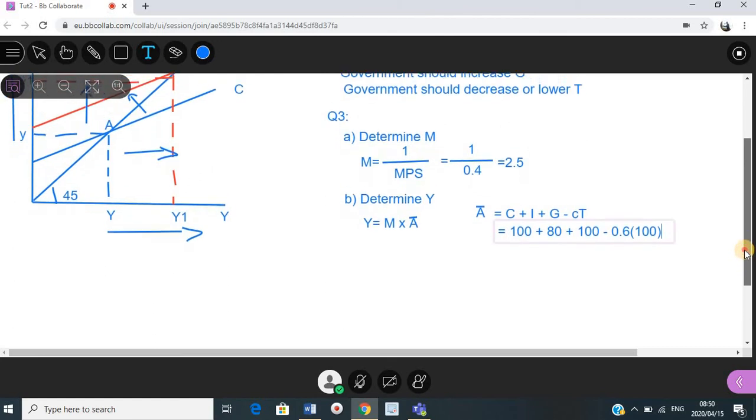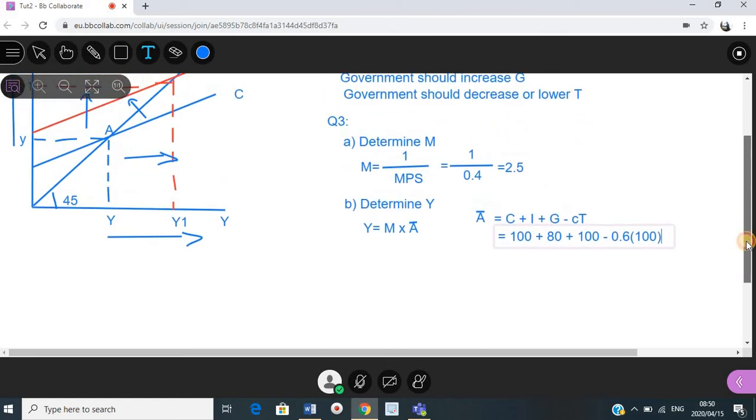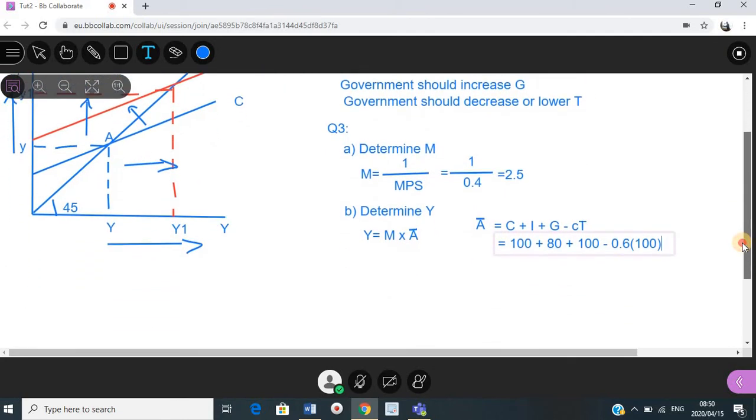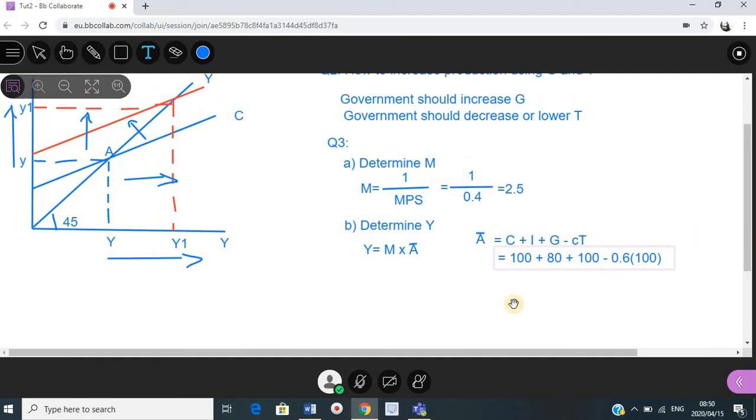0.6 is the marginal propensity to consume. However, it's not a given value. They gave us a marginal propensity to save, which is equal to 0.4. We know that marginal propensity to consume plus marginal propensity to save should be equal to 1, right?